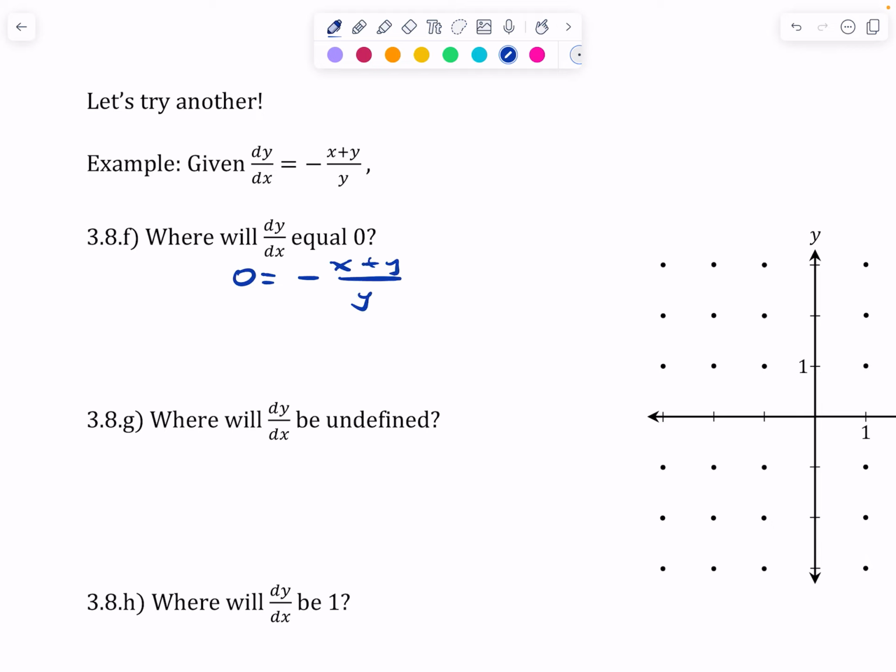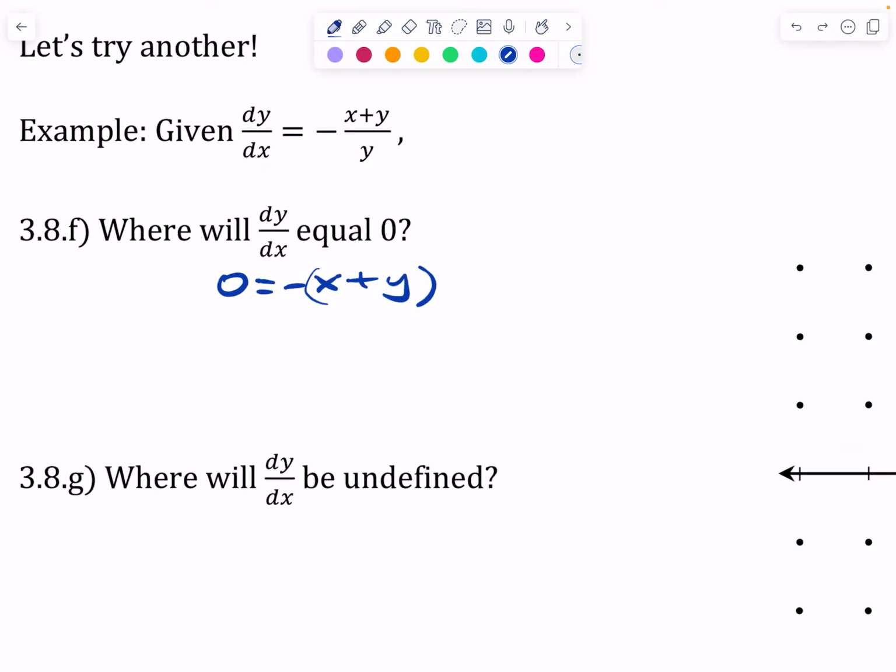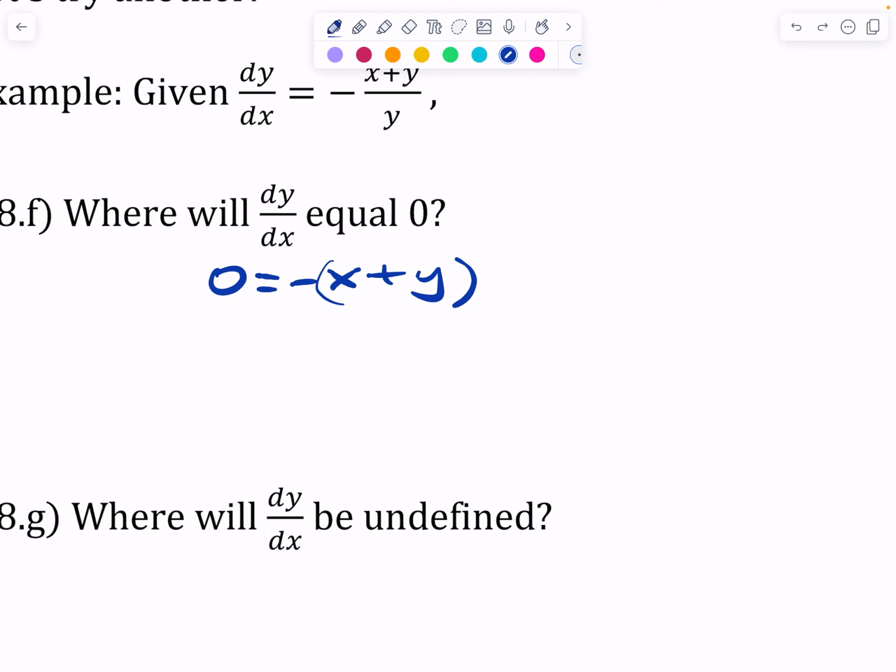The thing is, the only way to get a fraction to equal 0 is if the numerator equals 0. So we really don't need to look at that whole thing. This fraction will equal 0 when x plus y is equal to 0. You could also say negative of x plus y is equal to 0, but when you multiply both sides by negative 1, you're just going to get that anyways.